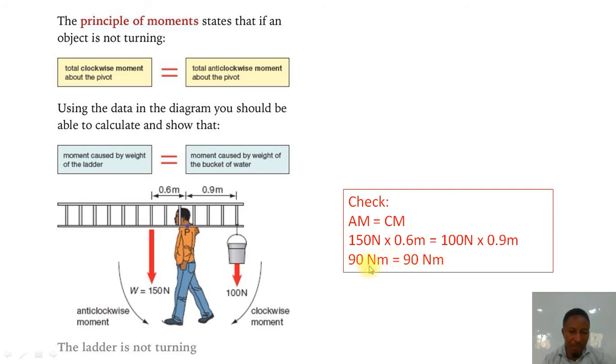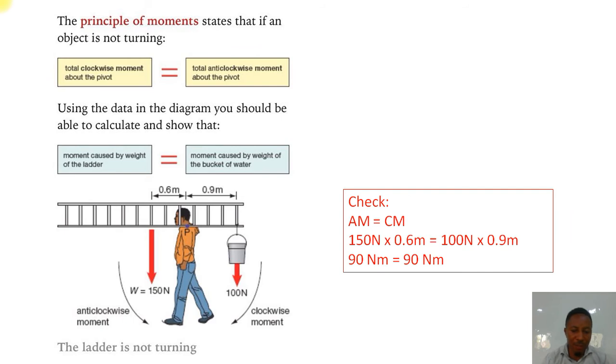So 90 Newton meter is the same thing as 90 Newton meter in the other direction. Okay, now this goes to show that if an object is balanced, the sum of the clockwise moments is always the same thing as the sum of the anti-clockwise moments. Are we good?